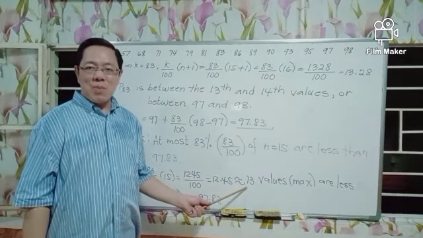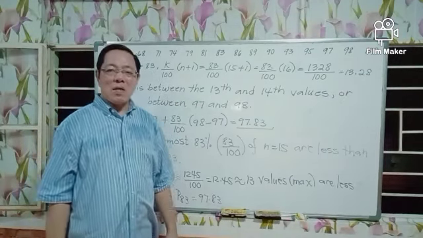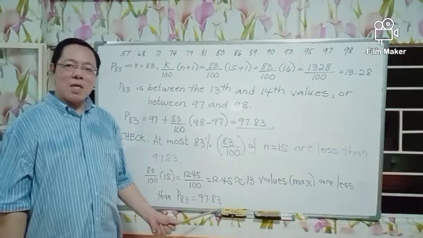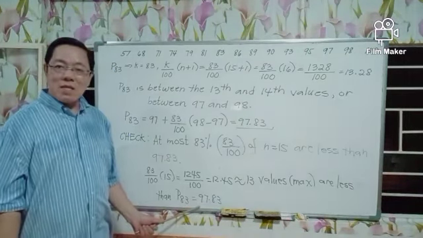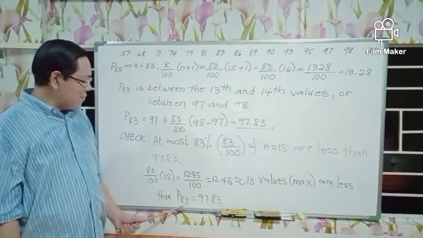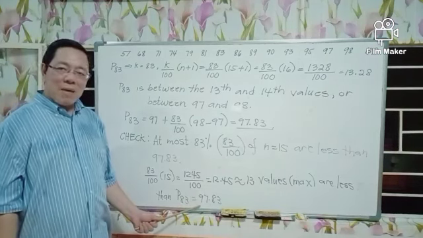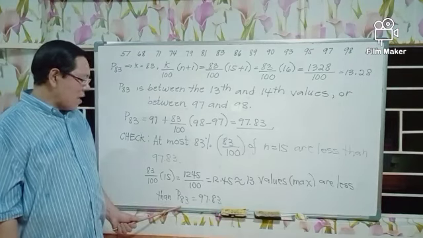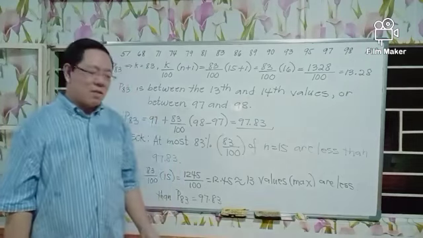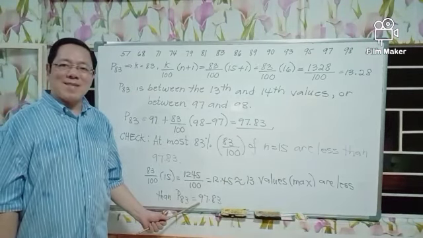Thus, we say that 97.83 is correct. And if 83% of the values are less than 97.83, we say that 17% of this set of values are greater than the 83rd percentile of 97.83.